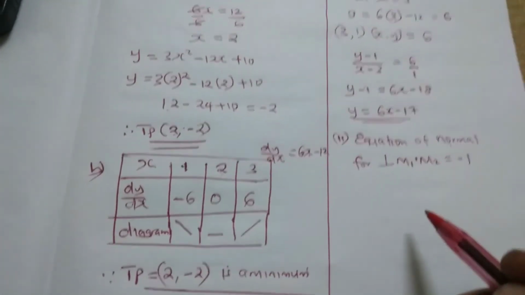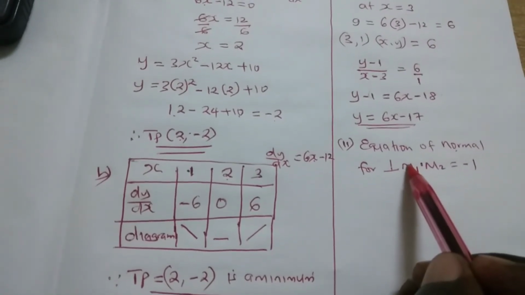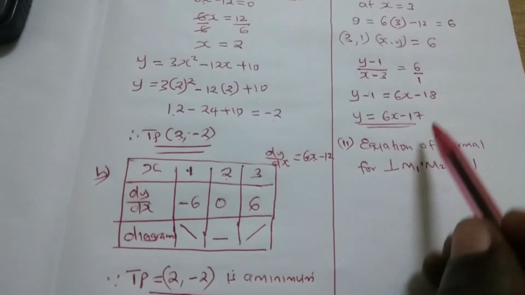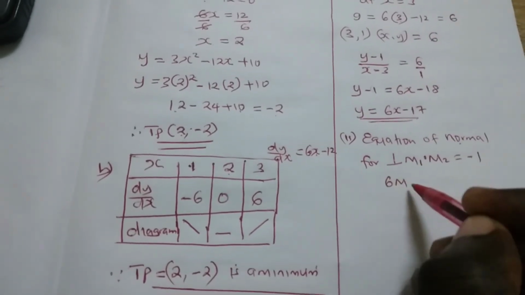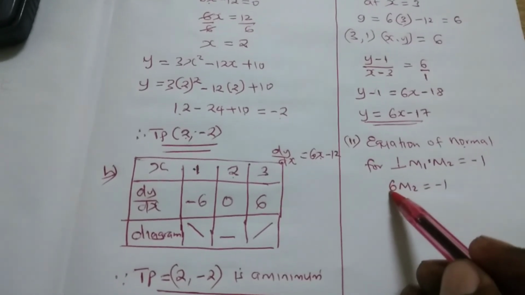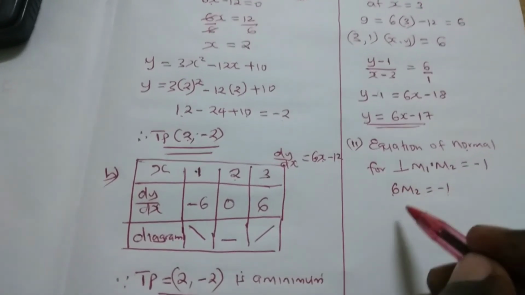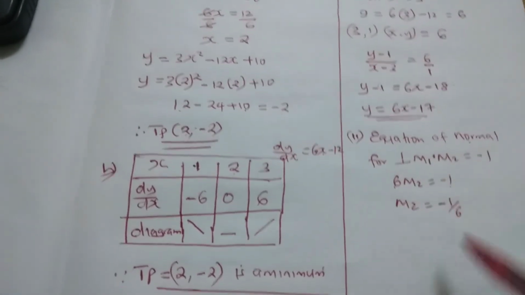At this particular point here, m1 is the gradient of the tangent, and the gradient of the tangent is 6. So if we take 6 times m2, it is going to give us negative 1. If you divide by 6 on both sides, m2 is going to be equal to negative 1 over 6.